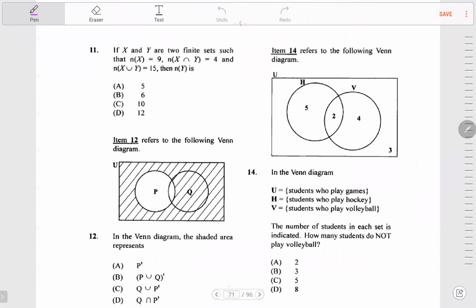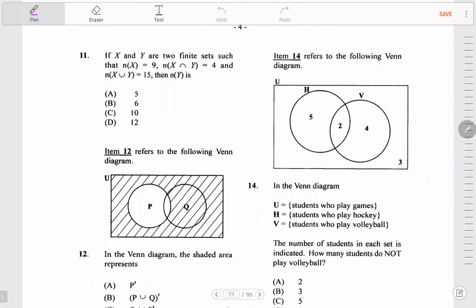Moving along down here. This question is a similar one again. Number in X plus number in Y must equal number in X intersect Y plus number in X union Y. And you put in the values that you know.